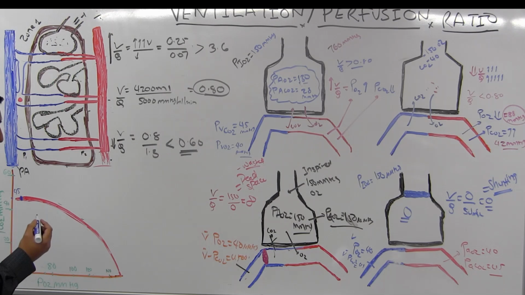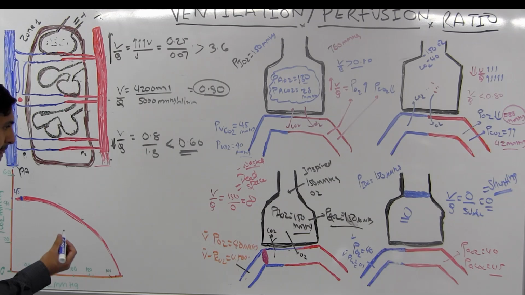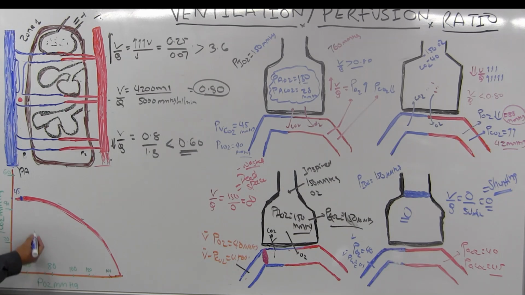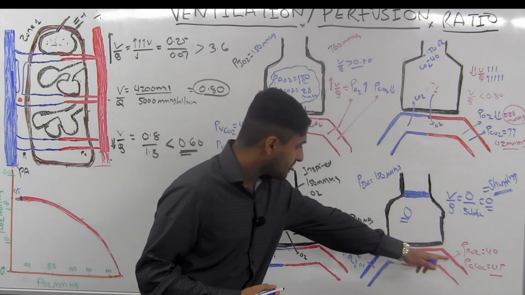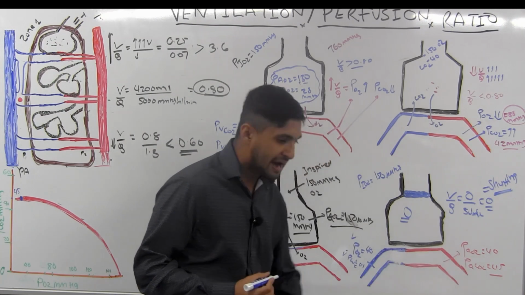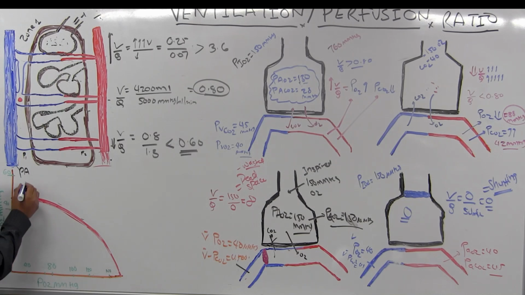If you look at the graph, do you see where the partial pressure of oxygen is exactly the same as on the arterial side? You see that right here. Partial pressure of oxygen on the arterial side is 40, carbon dioxide 45. That means you can say this is a VQ of 0. Whenever there is a 0, shunting is there. This tells you that.